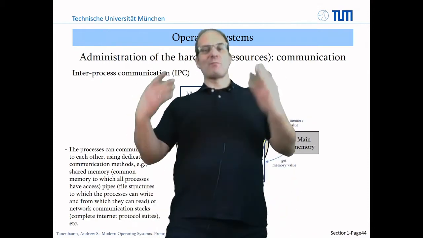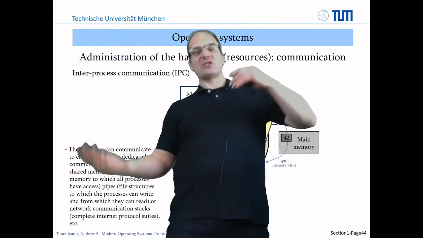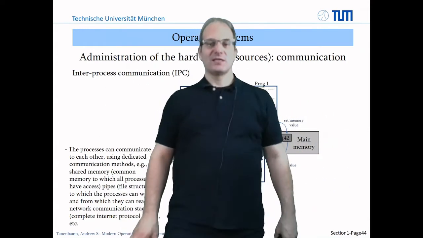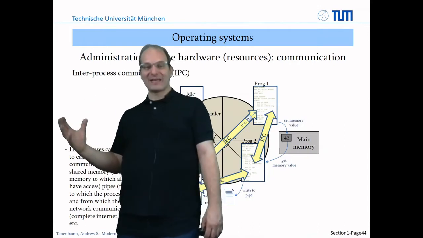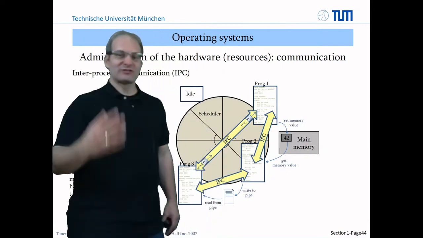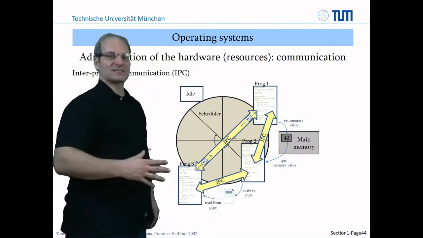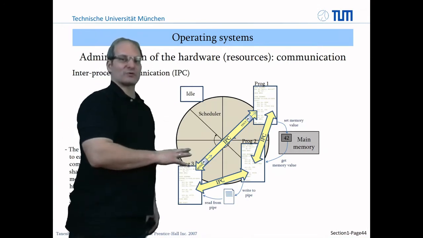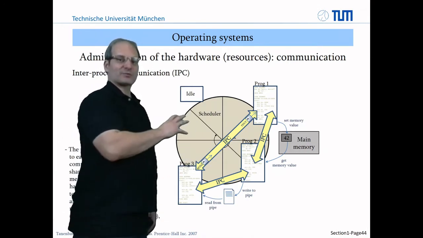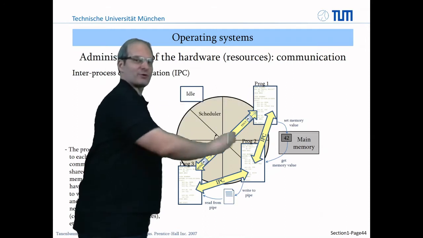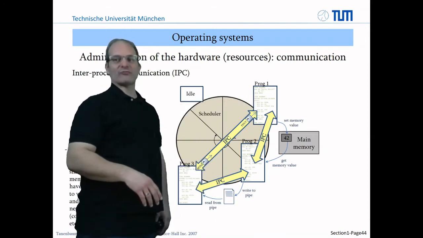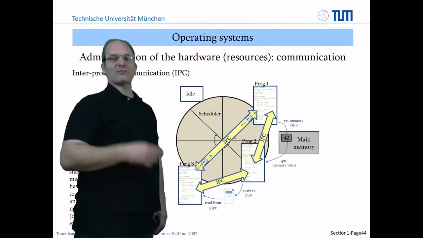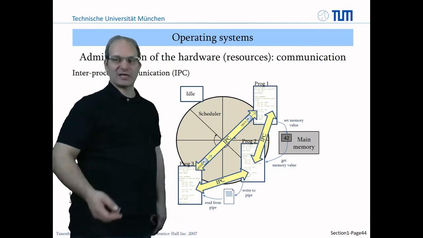But it's a quite important thing that the processes can interchange or exchange data. So, and therefore we have this mechanism that there are different ways, and this part is called the inter-process communication. So inter-process communication means you have the processes in your time slicing mechanisms and your round robin mechanism, and then you have different ways to exchange data.